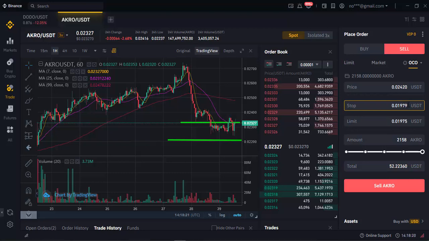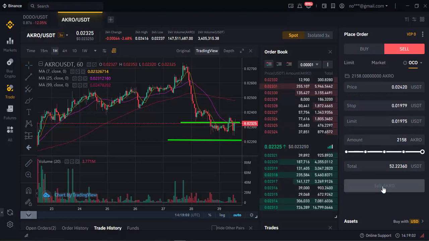But if it now falls back, therefore we are going to have some loss, because the price we bought at is higher than this, and we are just taking a precaution in order not to lose much, to prevent further loss. That's why we are putting a stop loss. To complete this now, what we do is we click on what? Sell.